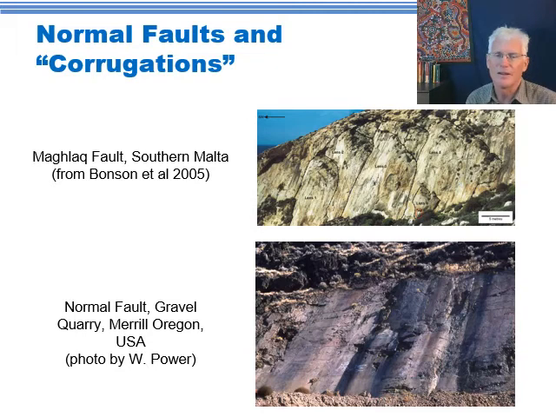So you can see in both cases some undulations at fairly large scale. They're both exposures on the order of, say, 20 to 50 meters tall, in quarries or along natural exposures.